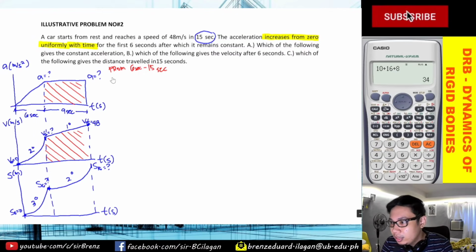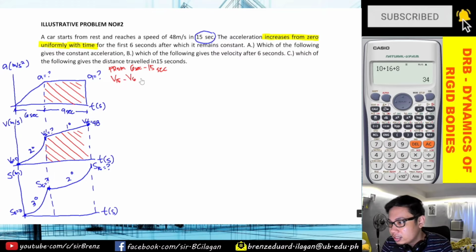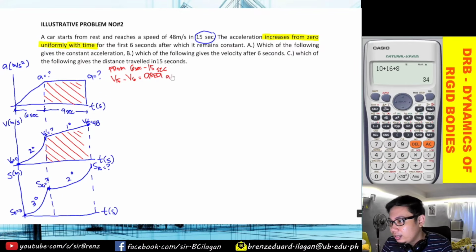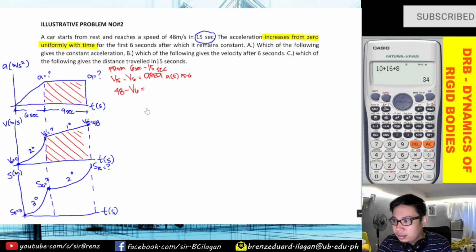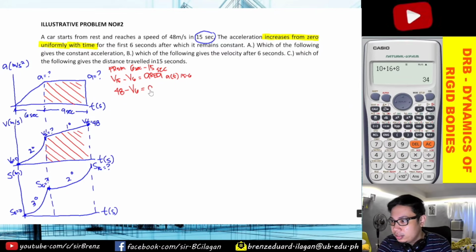The velocity at 15 seconds minus the velocity at 6 seconds is equal to the area of the acceleration diagram from 6 to 15 seconds. So we have here a value of 48, and this one is V6, and this one is A multiplied by 9 seconds.